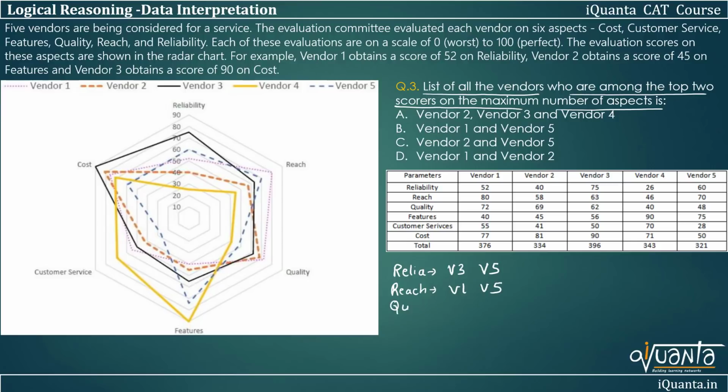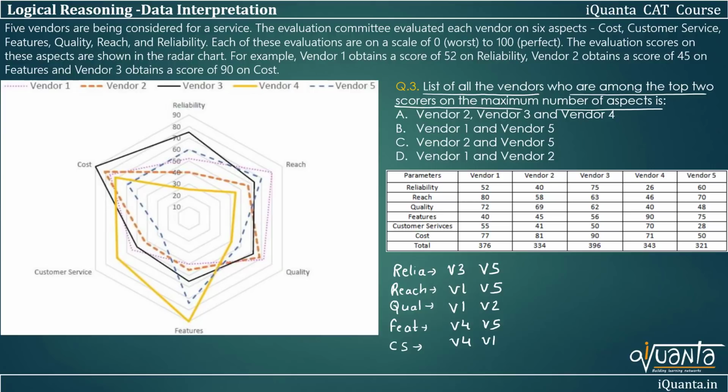Then if we talk about quality, the top two scorers are vendor 1 and vendor 2. Then if we talk about features, we have the top two scorers as vendor 4 and vendor 5. Then if we talk about customer services, we have the top two scorers as vendor 4 and then vendor 1.